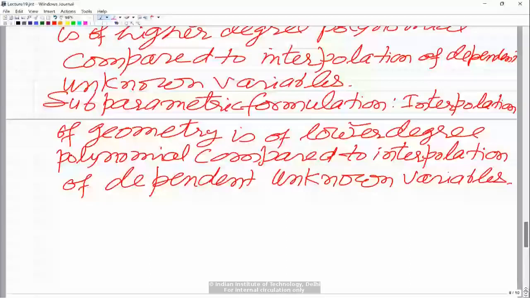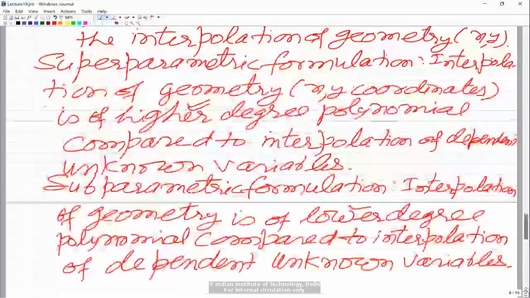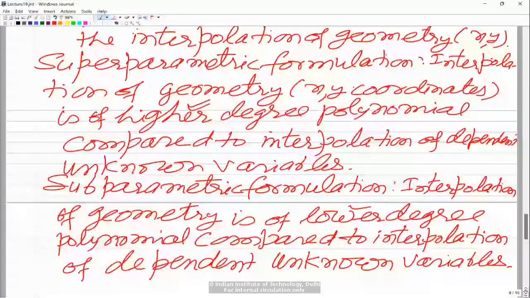Yeah, so for example, for the superparametric formulation, we interpolate temperature as, let us say, A0 plus A1 xi plus A2 eta plus A3 xi eta. But x and y we interpolate as B0 plus B1 xi plus B2 eta plus B3 xi eta plus B4 xi square plus B5 eta square plus B6 xi square eta plus B7 xi eta square.